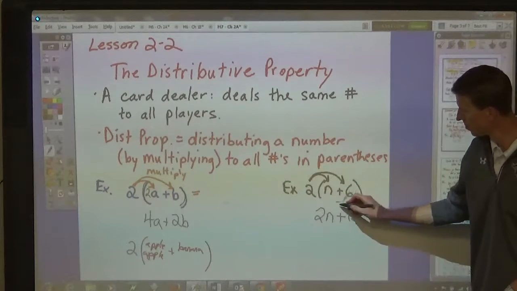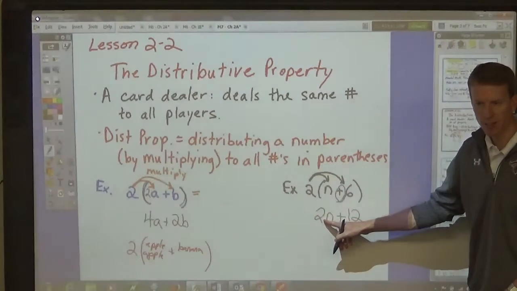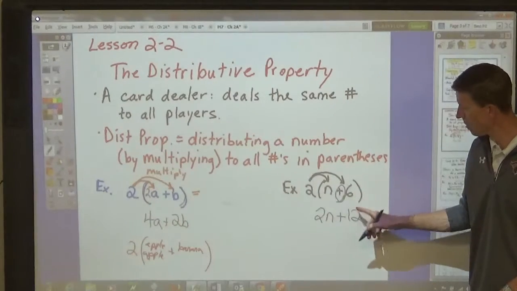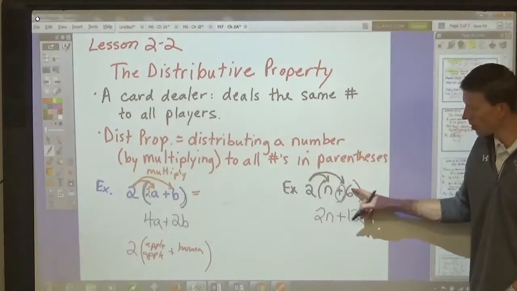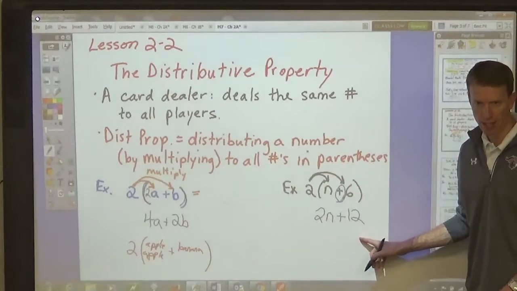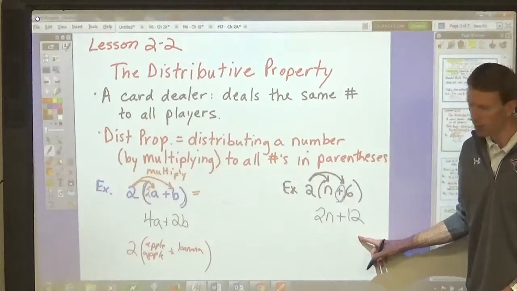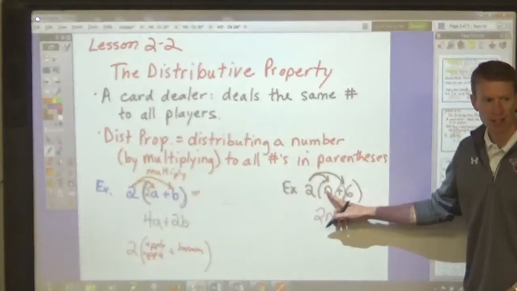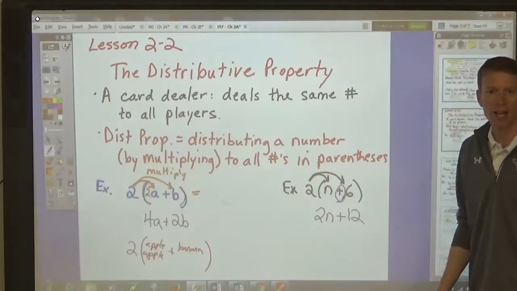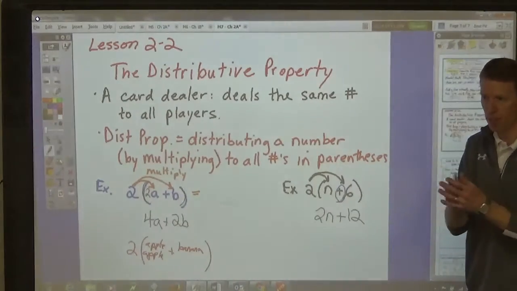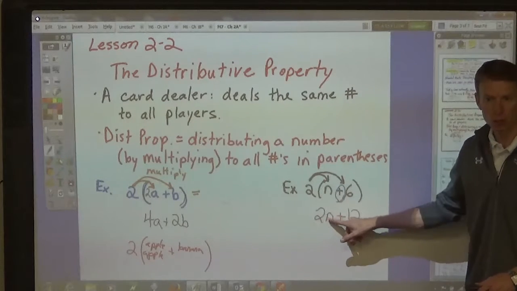Okay? 2 times N is 2 N's. And 2 times 6 we know is 12. If you are multiplying 2 numbers together, you can write the answer to that as just 12. But 2 times N, since we don't know what N is, we don't know how many N represents. We just know that it represents a bunch of McNuggets. And so we have 2 groups of them now.